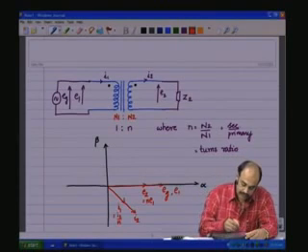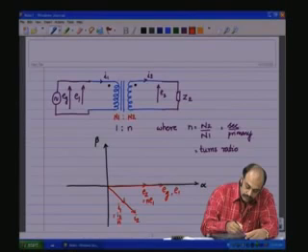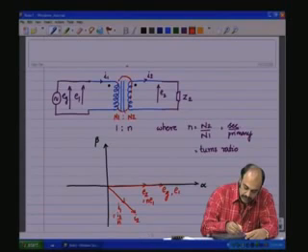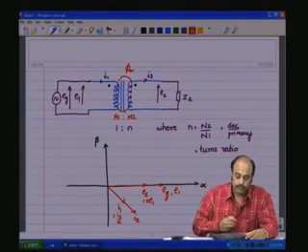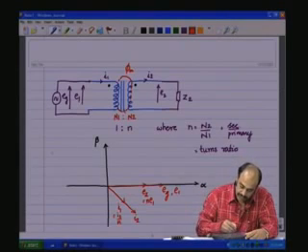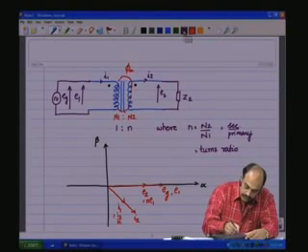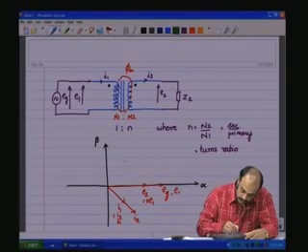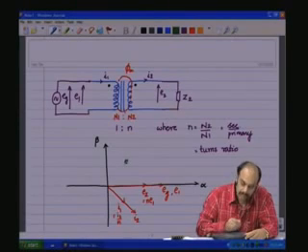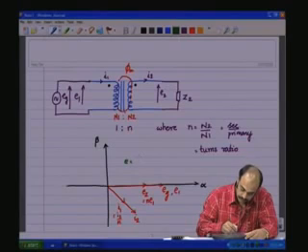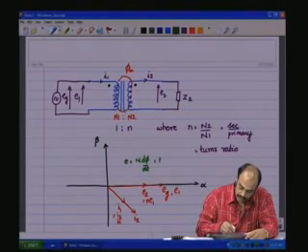Then we also noted that inside the core there is a flux linking, phi m, and from Faraday's law we see that the induced EMF is equal to N d phi by dt, which is equal to N j phi m.